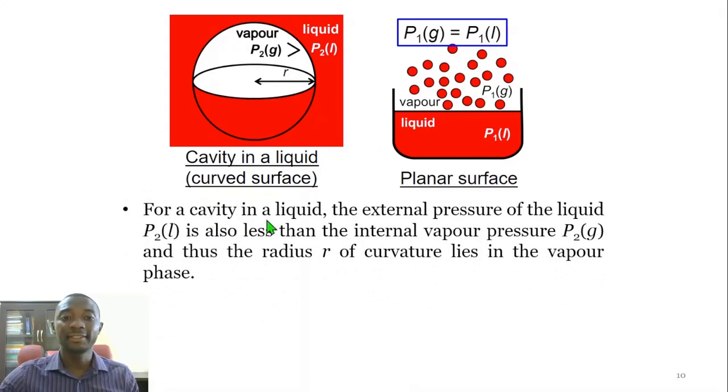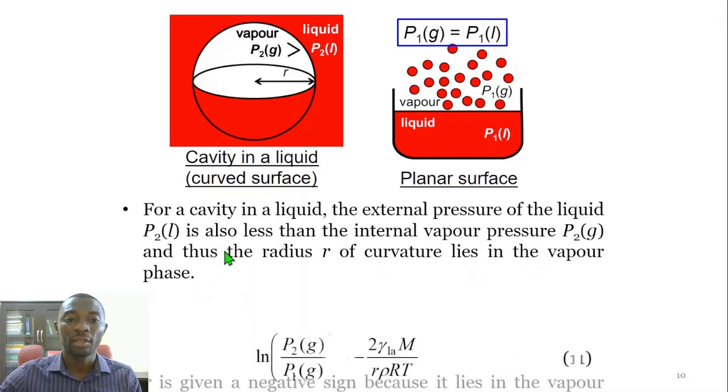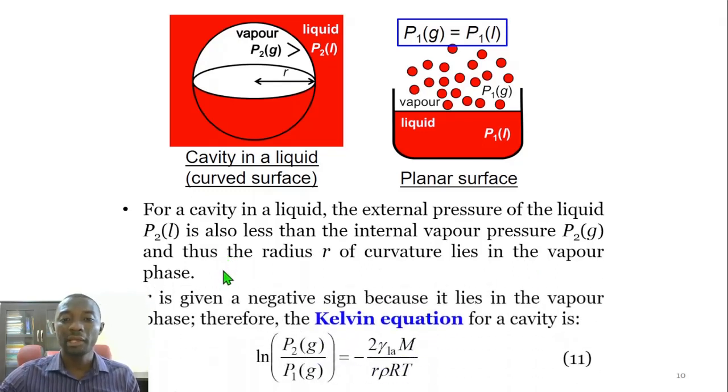So for a cavity in a liquid, the external pressure of the liquid, P sub 2 of L, is also less than the internal vapor pressure, P2 of G. And thus the radius of curvature lies in the vapor phase. Because the radius of curvature lies in the vapor phase, it is given a negative sign.